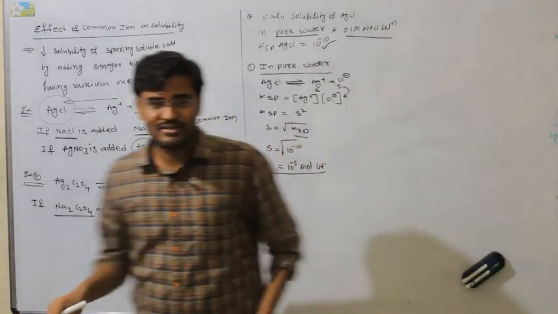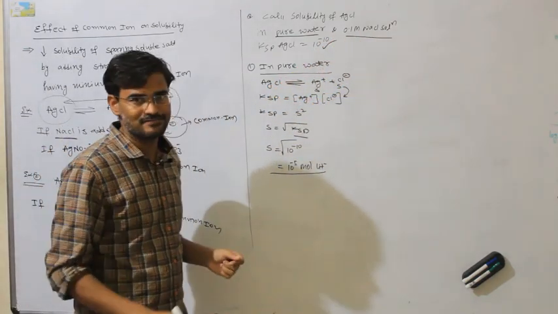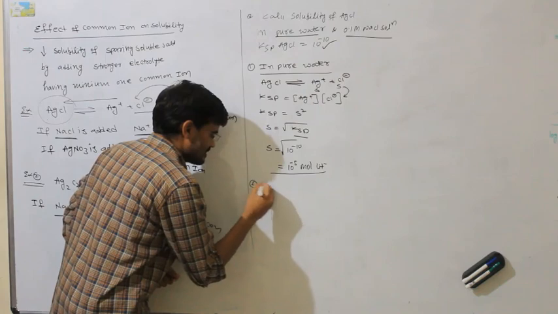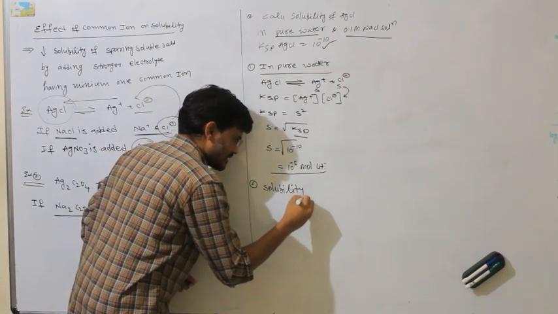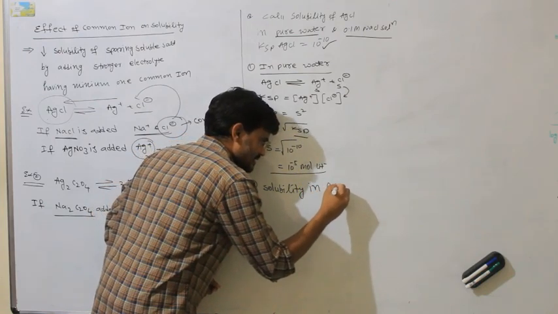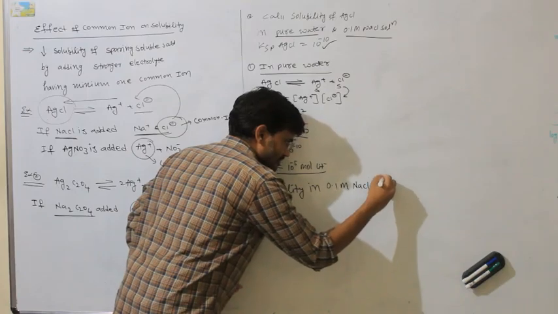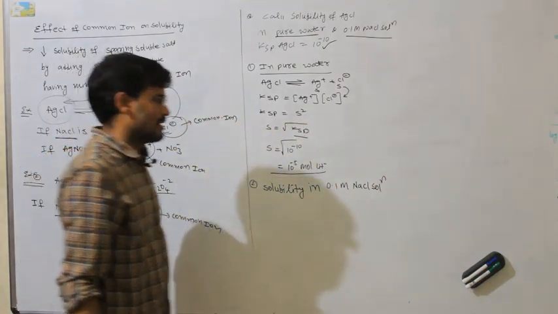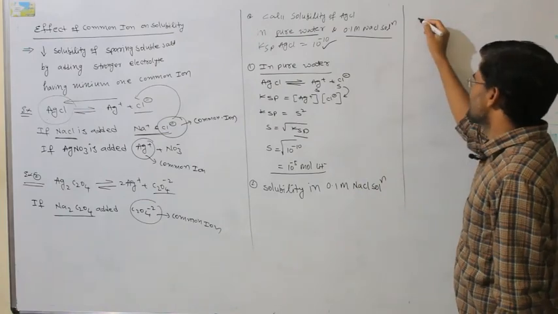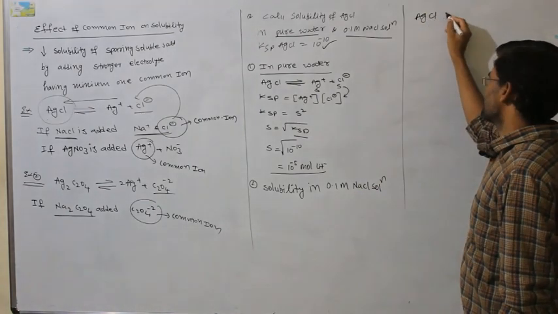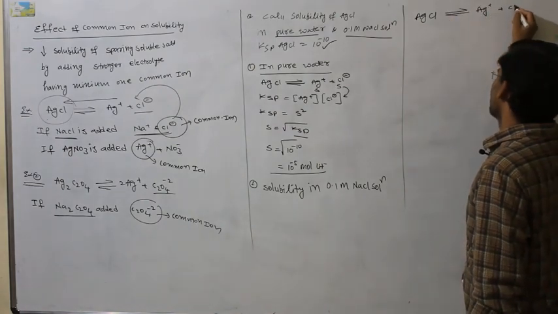Let's see the solubility of silver chloride in 0.1 molar NaCl having a common ion. So second, solubility in 0.1 molar NaCl solution. In 0.1 molar NaCl solution, what is the solubility of silver chloride we are not sure, because I am saying it will be suppressed. How much suppressed we are not sure.